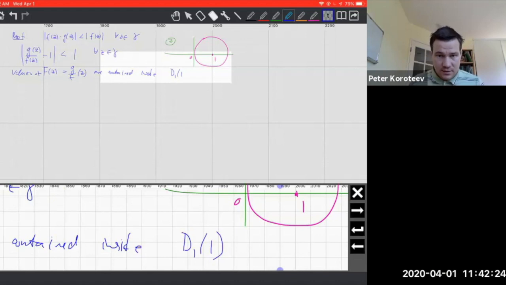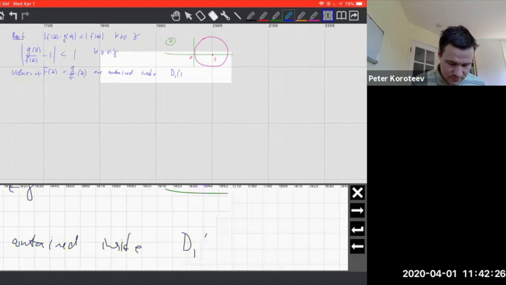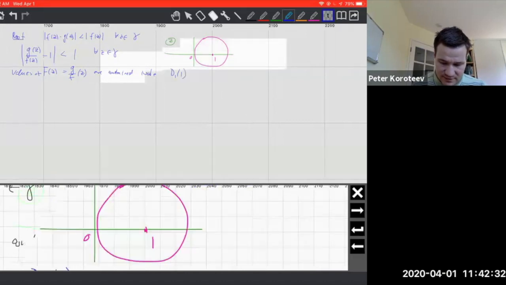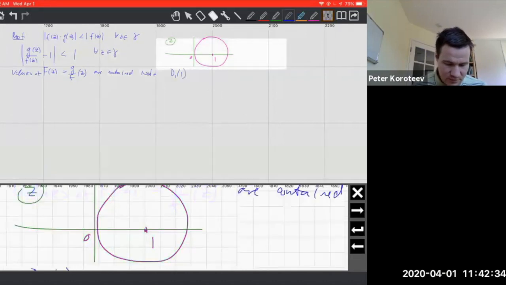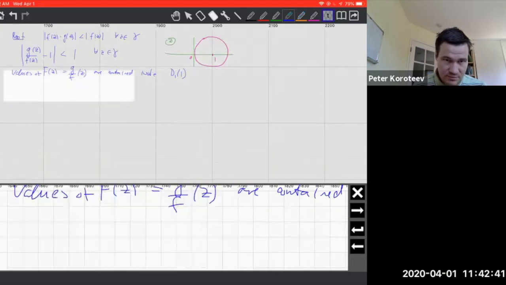Okay, that's a first observation. And then consider the closed path inside that disk now. So consider the following composition.